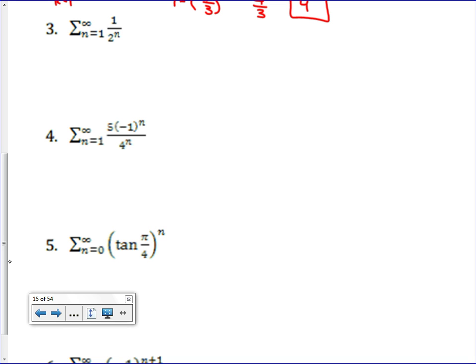It is a geometric series. Don't just ask yourself, is it, but also, what is the common ratio? That's the whole key.